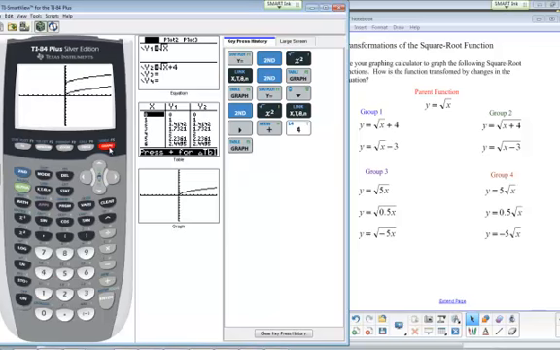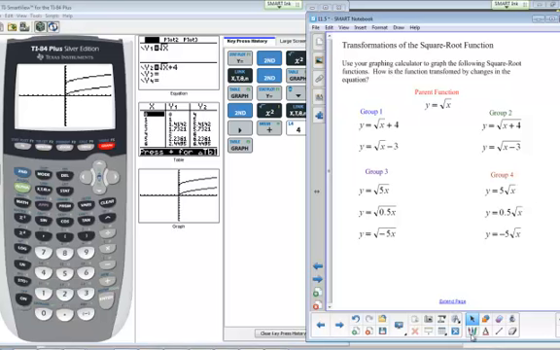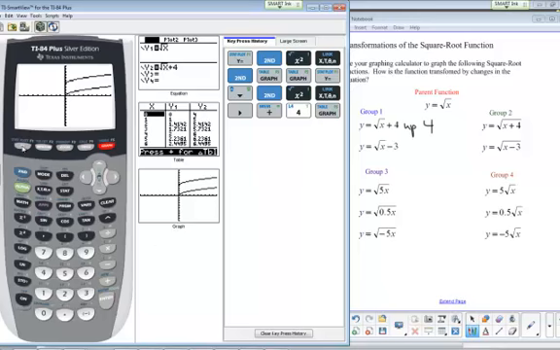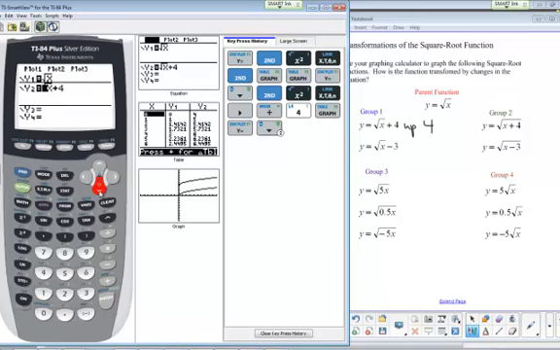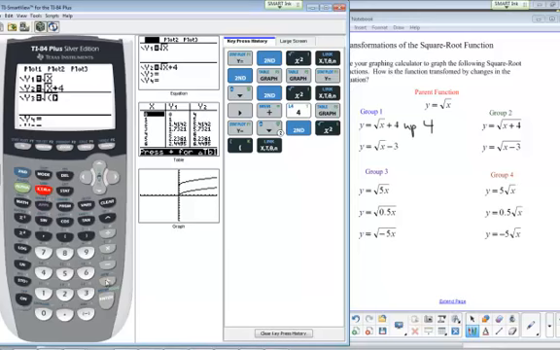So that shifts it up 4. See how it's gone up 4? Let's go ahead and write up 4. Okay. Now let's go back here and do this next one as the square root of the whole thing, x plus 4.